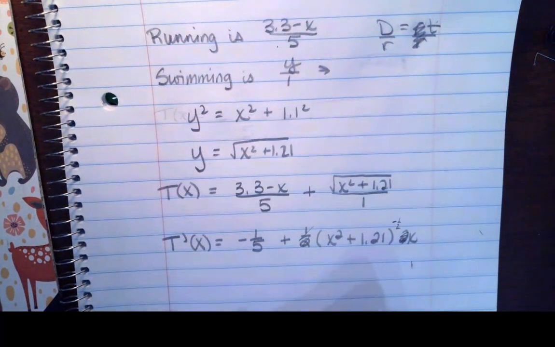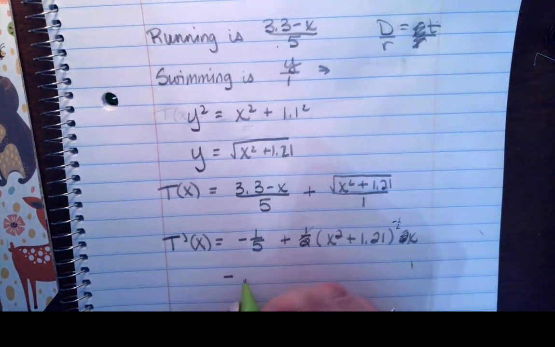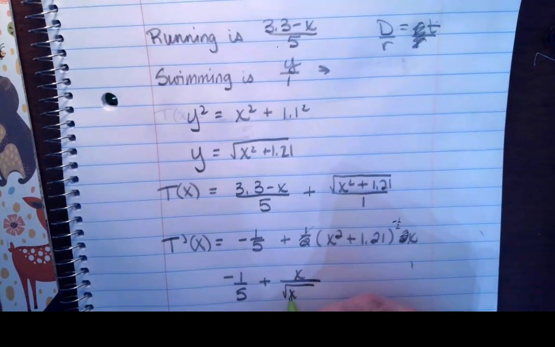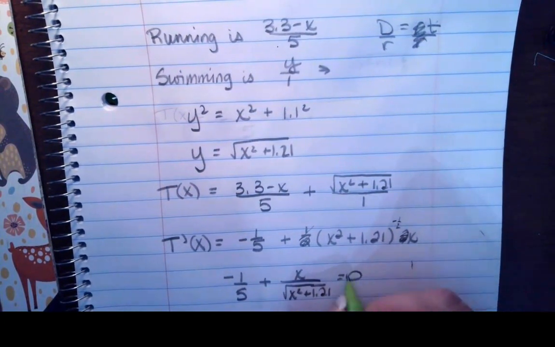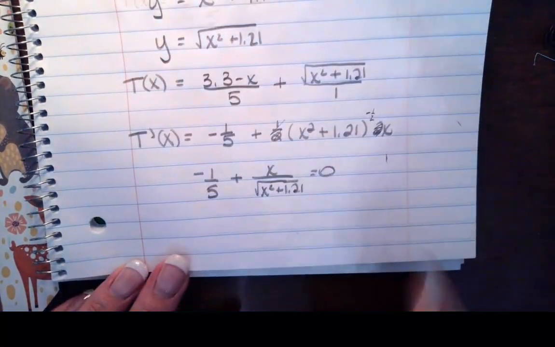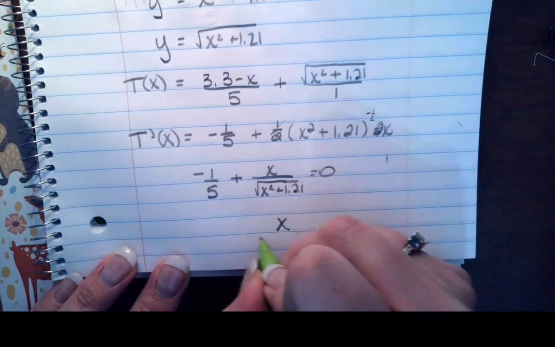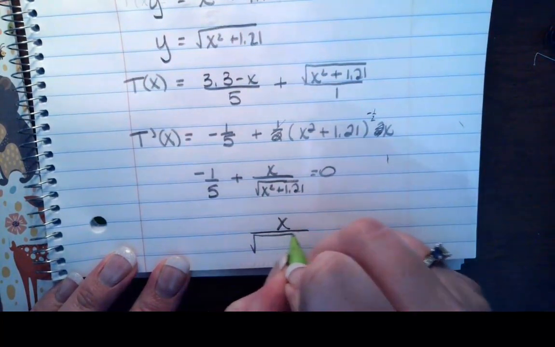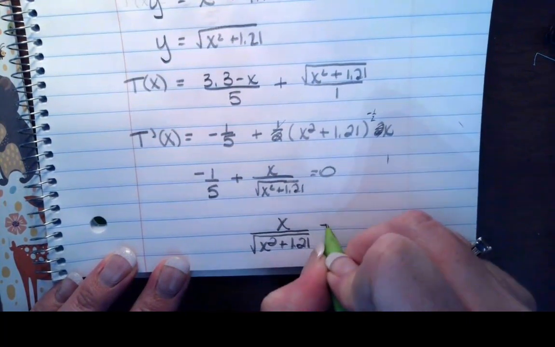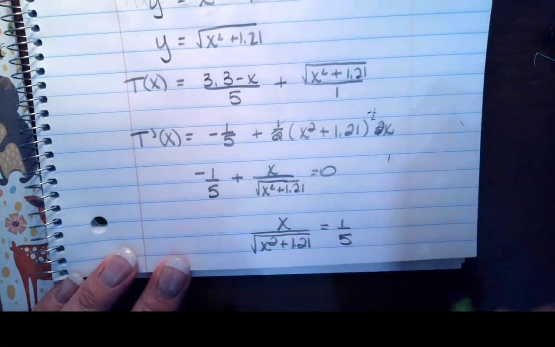So remember, we want to set this equal to 0. So right now I've got negative 1/5 plus x over the square root of x squared plus 1.21 equal to 0. So I'm going to add 1/5 to the other side, which gives me x over the square root of x squared plus 1.21 equals positive 1/5.